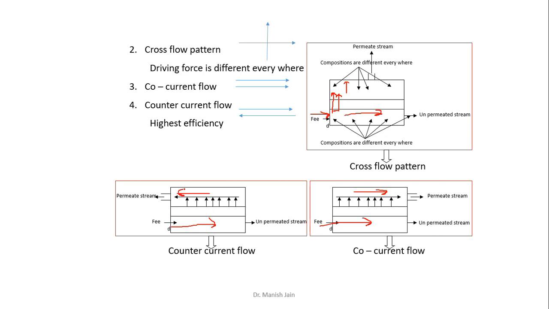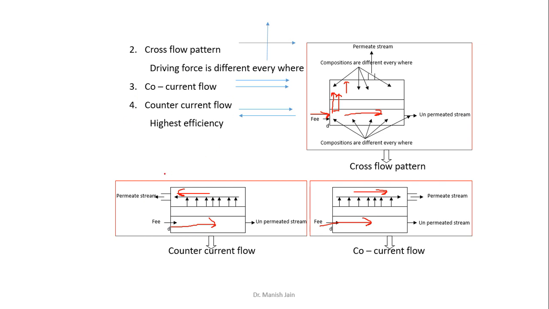So we can see that in the mixed flow pattern we have constant concentration of feed and permeate in both channels. In the cross flow pattern, feed and permeate flow in perpendicular directions. In the co-current flow pattern, they flow in the same direction, and in the counter current flow pattern, feed and permeate flow in opposite directions.